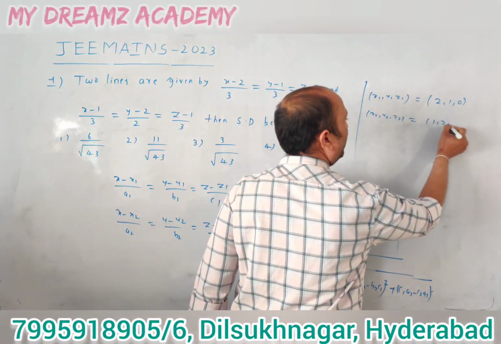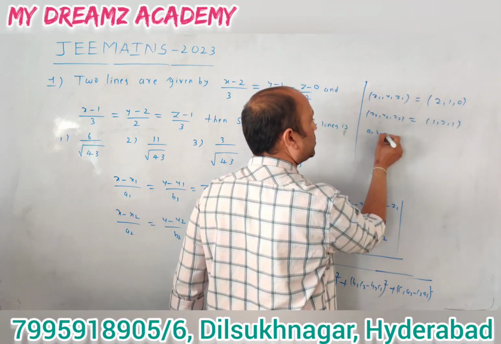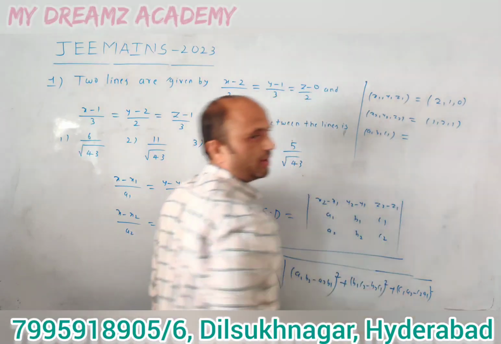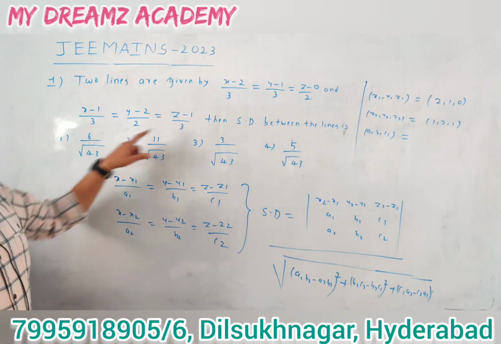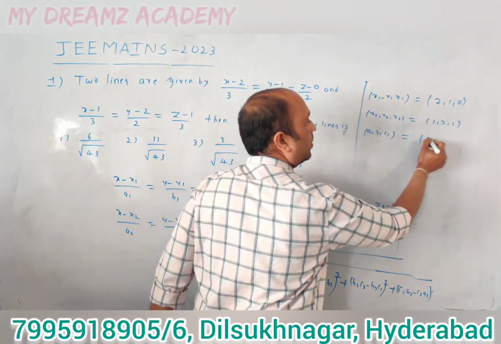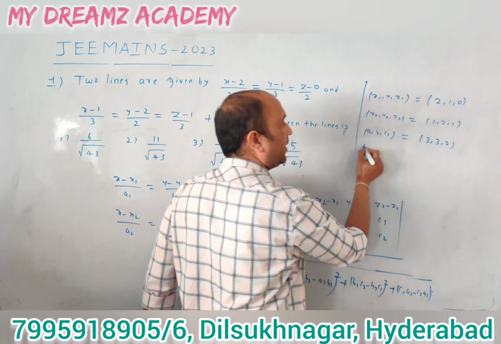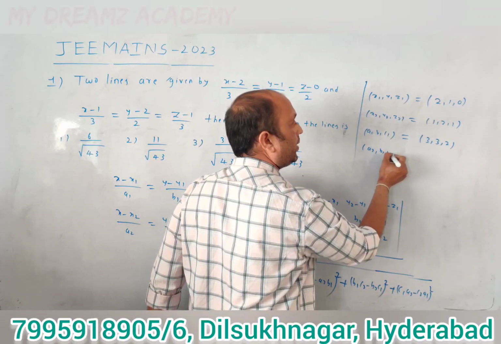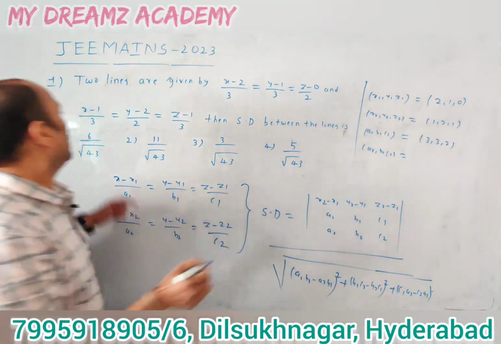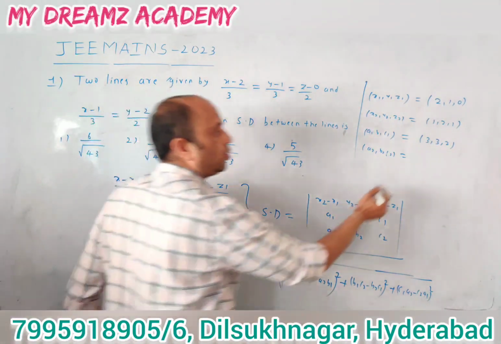The direction ratios a1, b1, c1 are 3, 3, 2, and the second direction ratios a2, b2, c2 are 3, 2, 3.